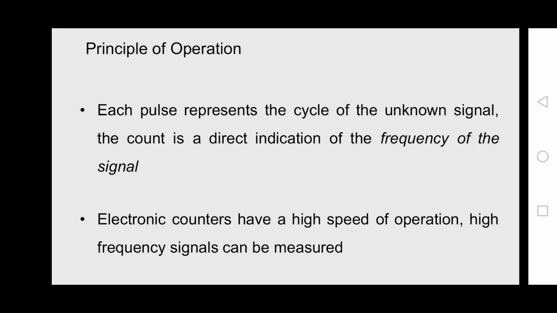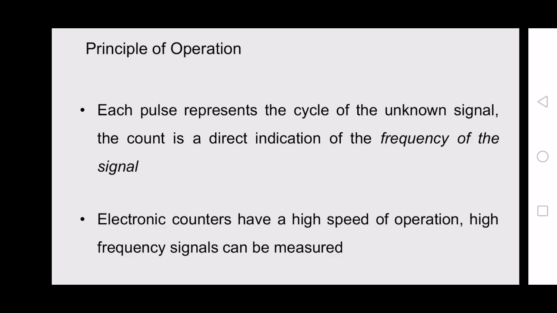As each pulse represents a cycle of the unknown signal, the number of counts is a direct indication of the frequency of the signal. Since electronic counters have high speed of operation, high frequency signals can be measured. So this is the basic working principle of the digital frequency meter.